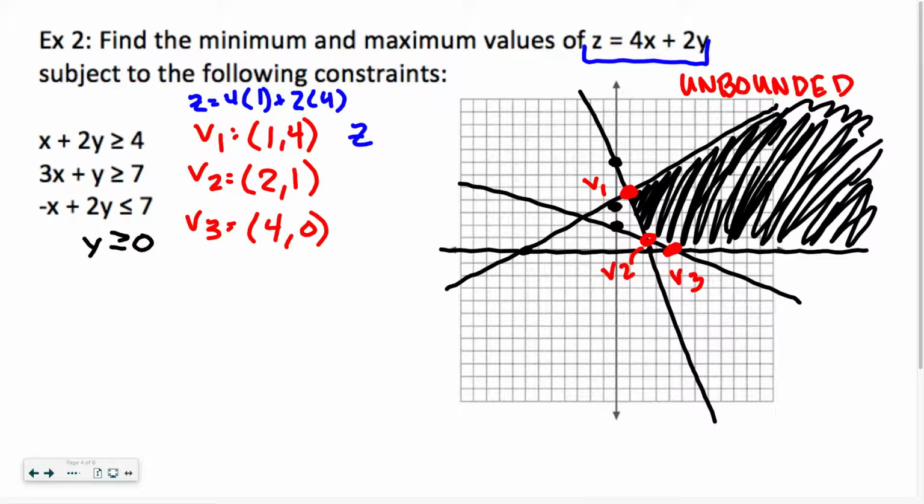So that's 4 plus 8, which is 12. 4 times 2 plus 2 times 1, z equals 10. And then z equals 16. Okay, any questions on where I got my z values?